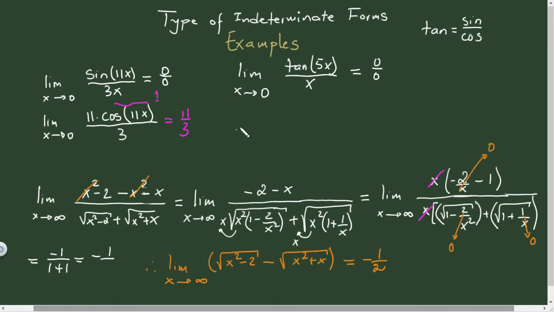So we can first write it as the limit as x goes to 0 of the sine of 5x over the cosine of 5x, and then over x.